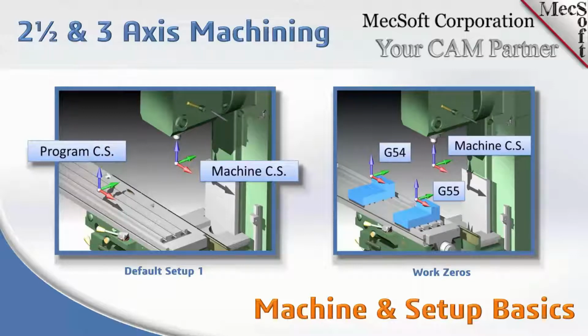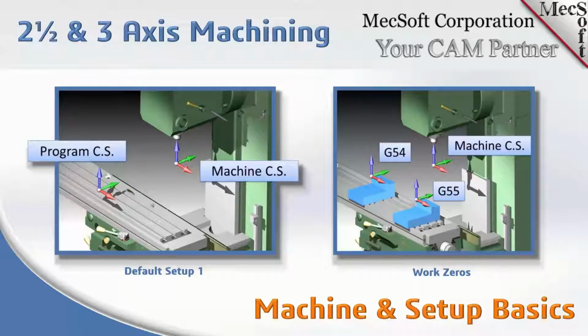When you run the product, you'll see that you have one setup defined in your machining job called Setup 1. That setup's orientation, meaning the X, Y, and Z axes, by default is aligned with your world origin in the CAD system. So by default, the X is to the right, the Y is looking into the machine, and the Z obviously is pointing up to the machine spindle.